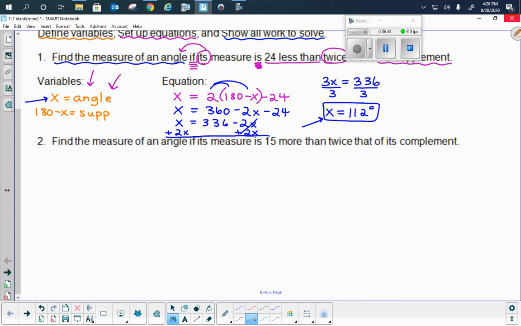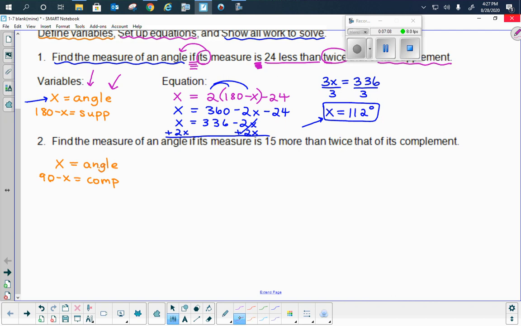So you decide, what do you want to call the angle? Most people are going to just stick with x. So here's the first required part. X equals the angle. Its complement then, you can just write comp, like I wrote sup on the other one. Its complement is going to be 90 minus x. Okay, 90 minus x.